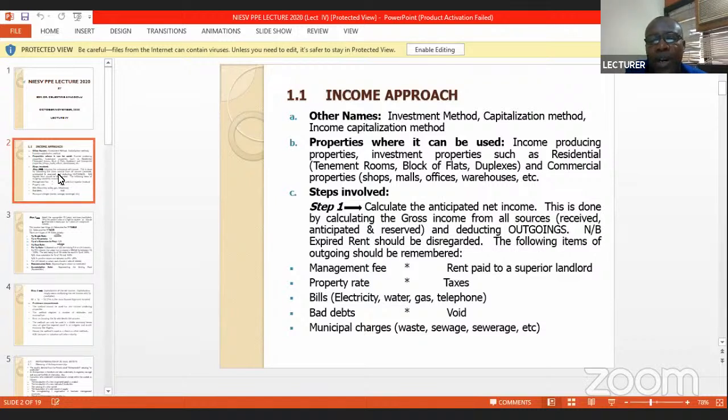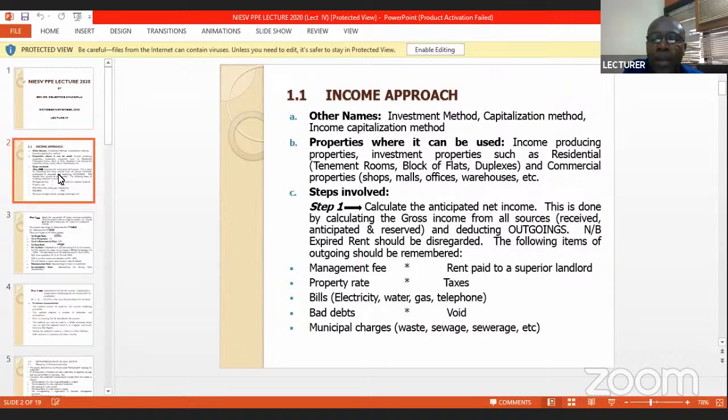One of our professors, Professor I.U. Kalu, says that one thing about the income approach is that it is the only method of valuation that can be used to value different interests that exist in a property.